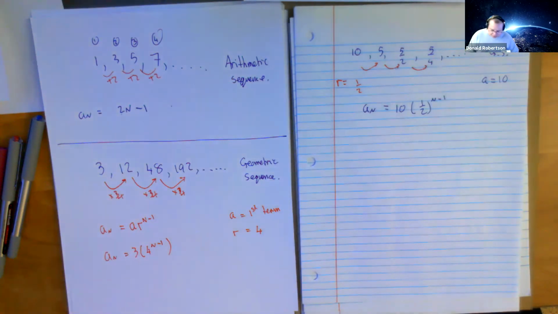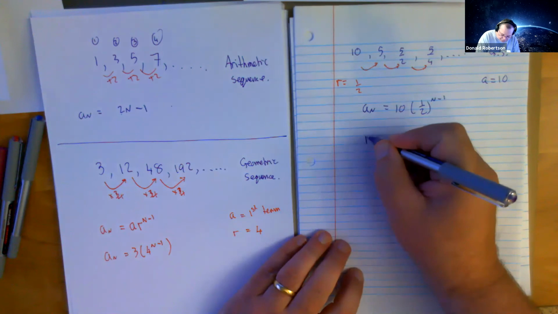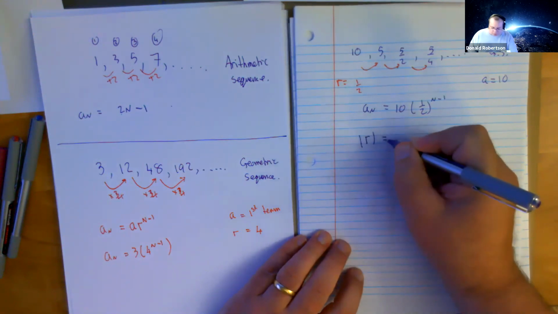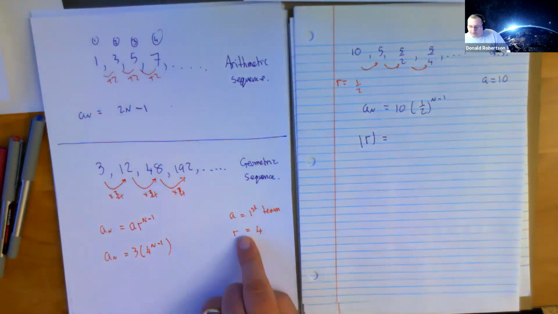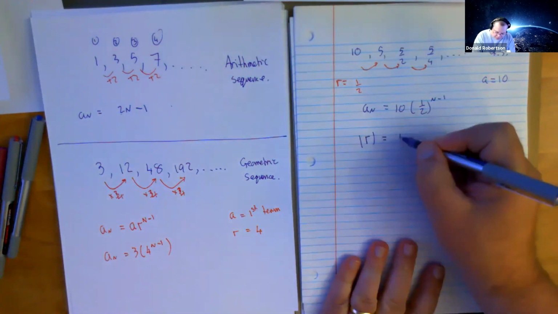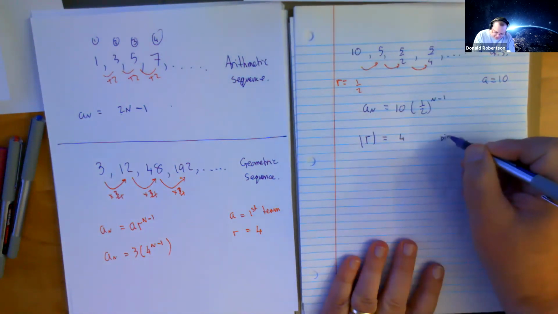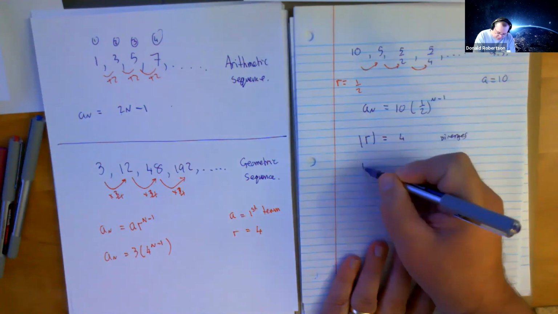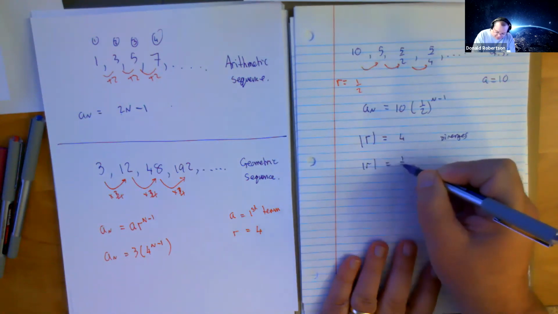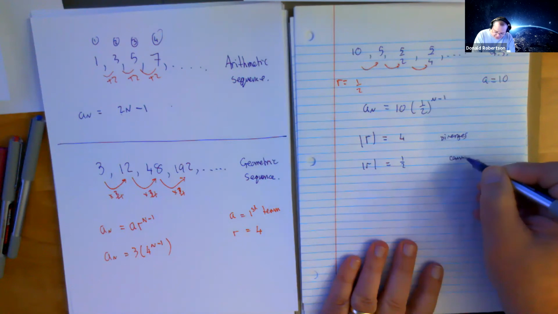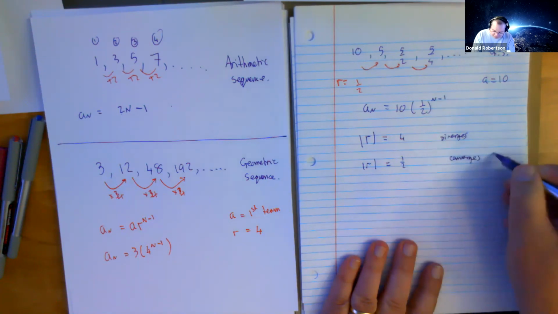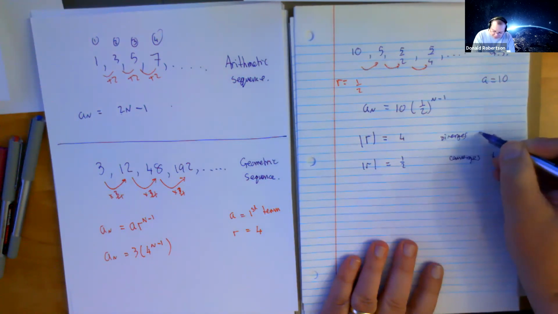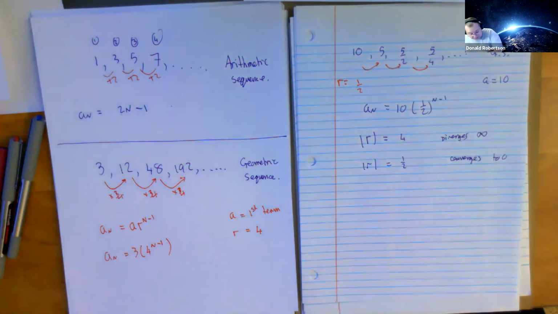So how do you tell? Well, it's all to do with the absolute value of the common ratio, the absolute value of r. When it was 4, it diverges. And when it was 1/2, it converges, and it converges to 0, while the other always diverges to infinity typically, or at least diverges.